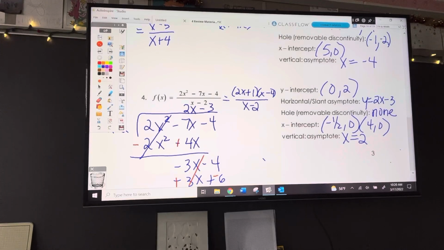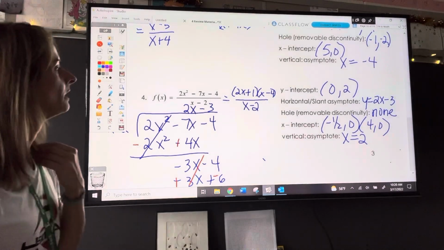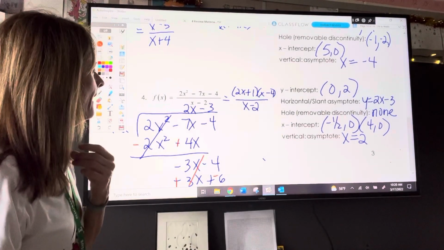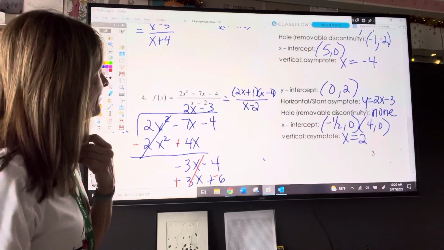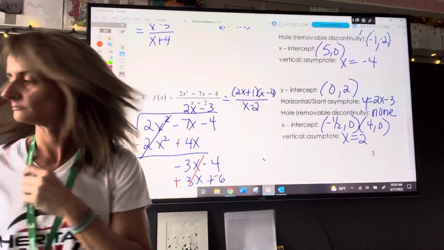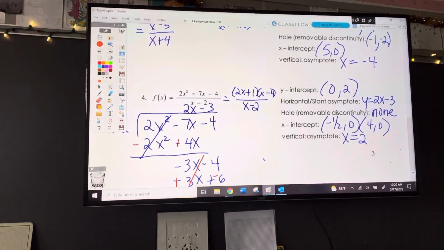Is that at 0, 2, my y-intercept? I want to make sure that's right before I close out my video. In my notes I have negative 2, but I know that's not right.